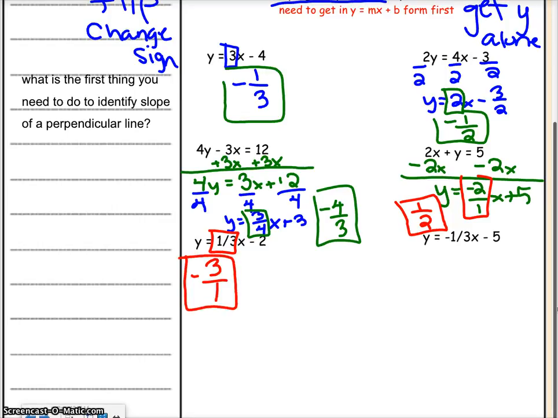Okay, negative 1/3 x. Box off. Flip, change sign. 3 over 1. Make it positive.